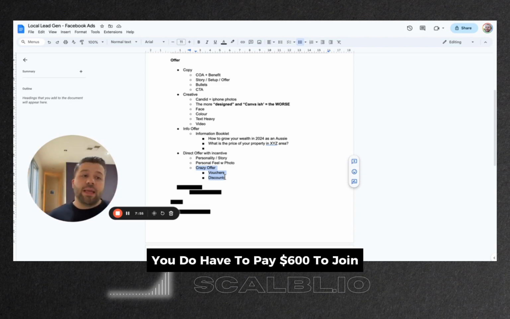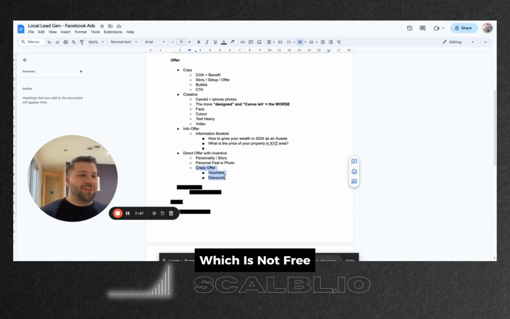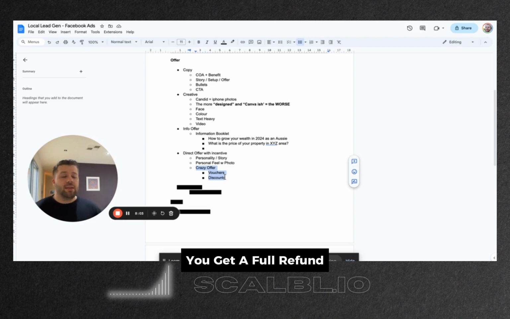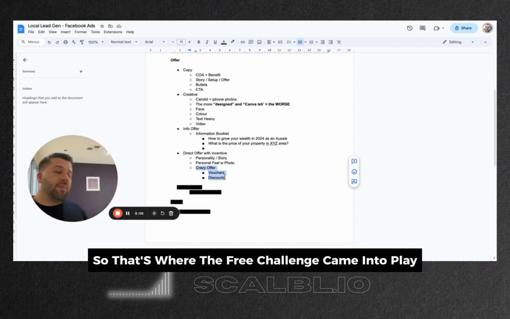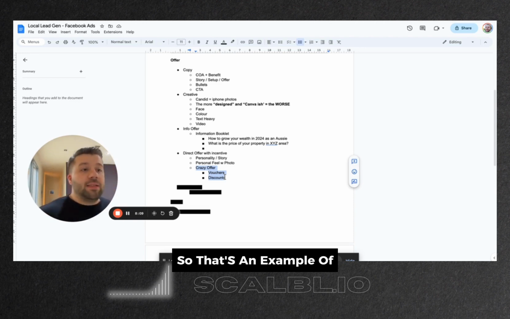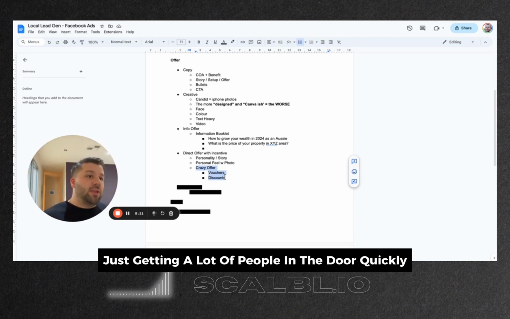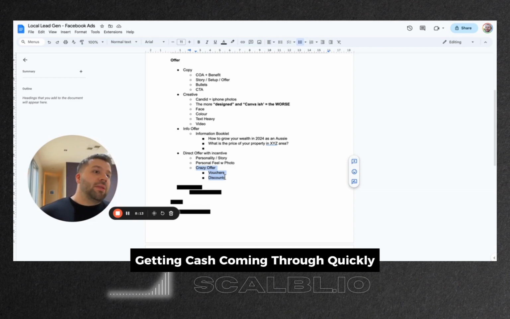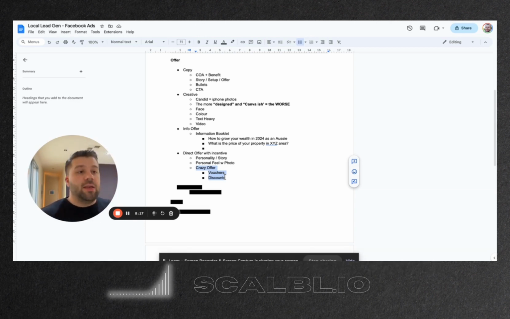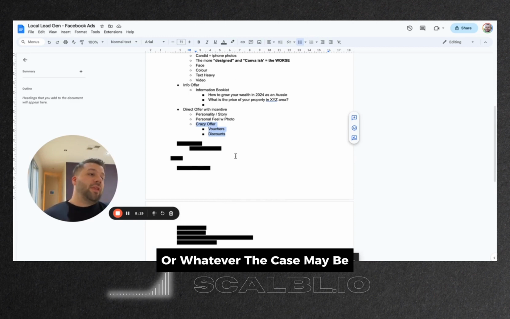You do have to pay $600 to join, which is not free. But if you get the goals that you predetermined that you want to get, you get a full refund. So that's where the free challenge came into play. And that actually worked really well. So that's an example of just getting a lot of people in the door quickly, getting cash coming through quickly, and then being able to upsell them on the back end to a monthly recurring revenue offer or whatever the case may be.